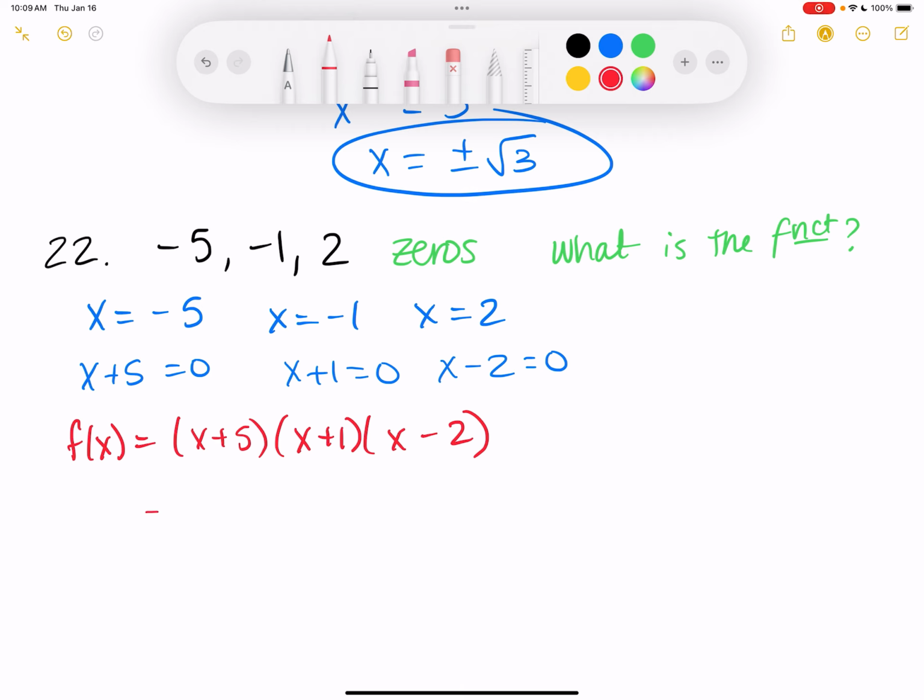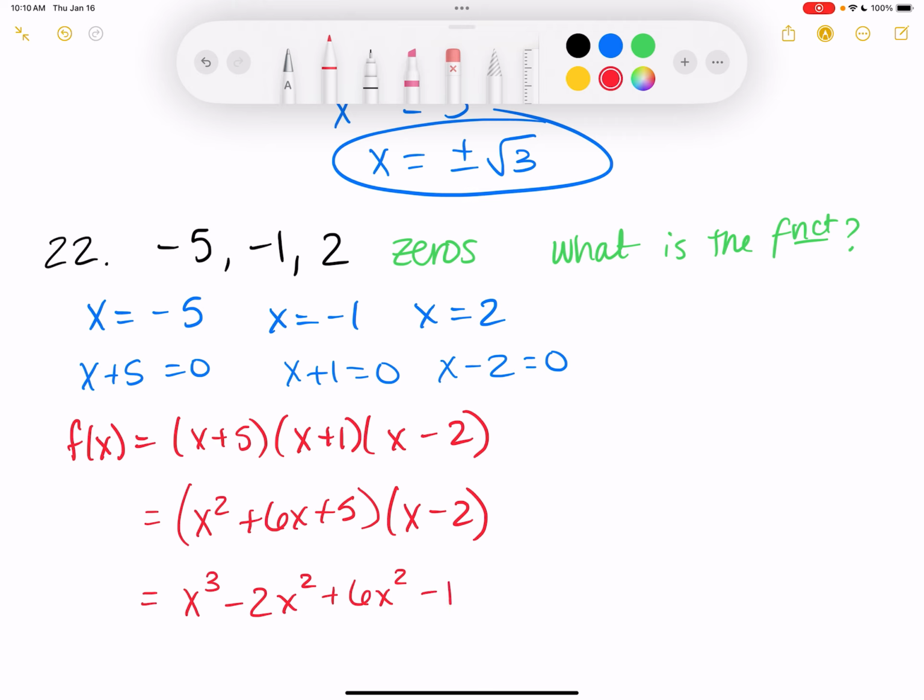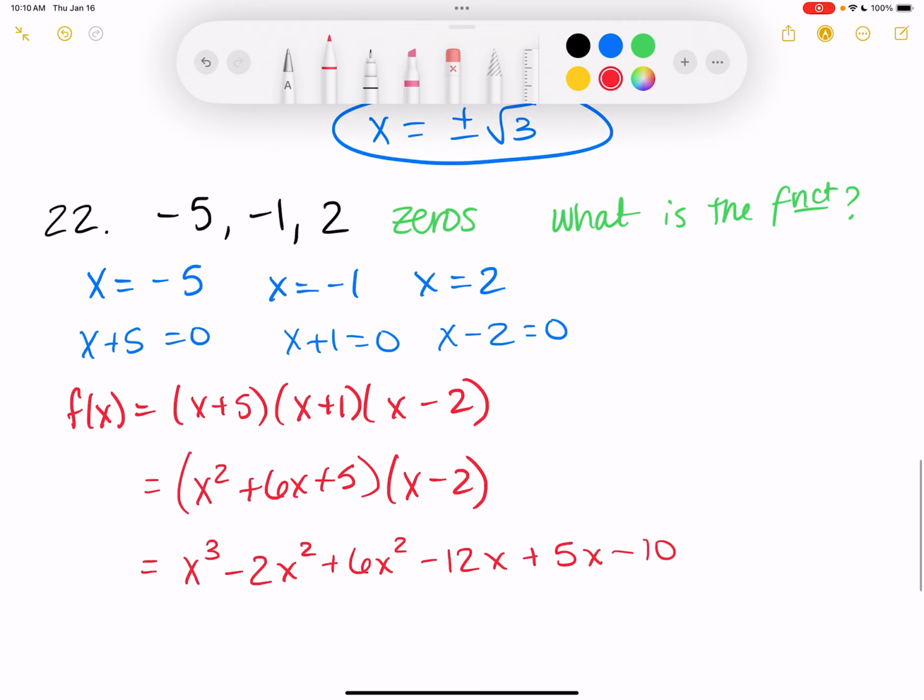So I've got x squared plus 5x plus x, so that's plus 6x plus 5. And then it gets multiplied by x minus 2. So I've got x cubed minus 2x squared plus 6x squared minus 12x plus 5x minus 10. I don't remember how to do the superfoil part.